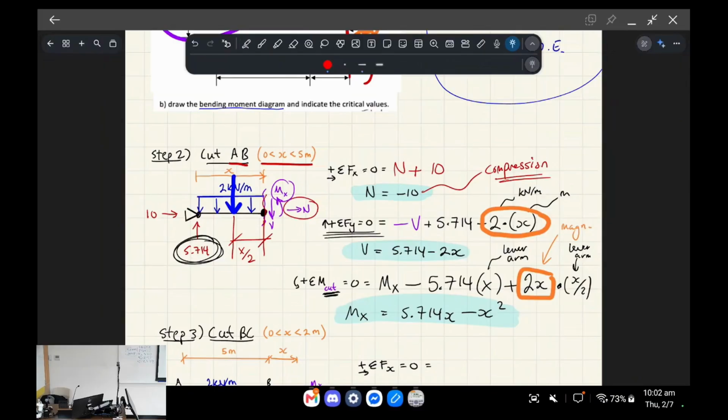So as you can imagine, it might actually be simpler, like what you've done, to draw this part of the frame sideways, like diagonal, because your axial force is parallel to the beam. Your shear force is perpendicular to the beam. So it is smarter sometimes to reorient these axes, right? But for the purposes of this course, I would recommend not shifting around the orientation of different free body diagrams.